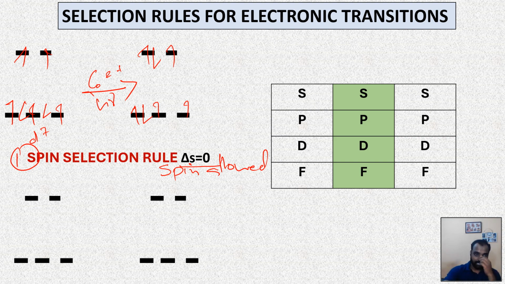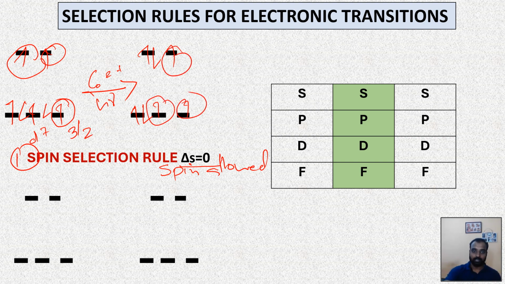Here we can see that we have three unpaired electrons, 1, 2 and 3, so the total spin is equal to 3 by 2. Here also we have 3 unpaired electrons. The total spin is equal to 3 by 2. So the electronic transition takes place with no change in the spin.